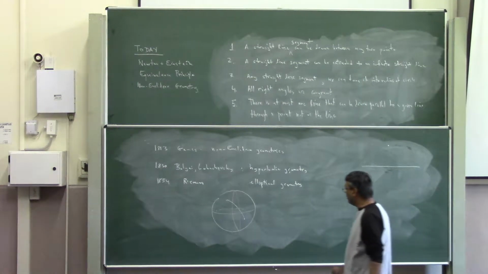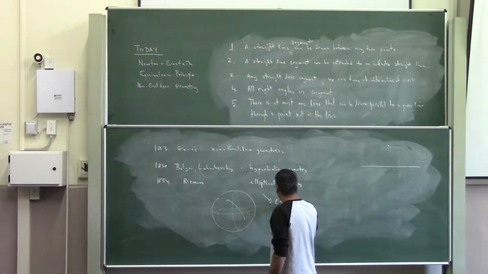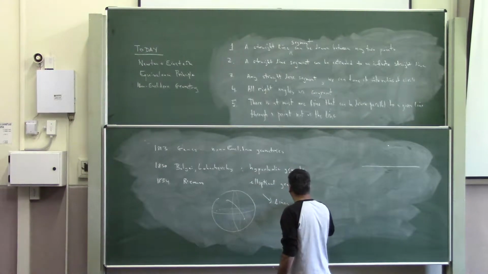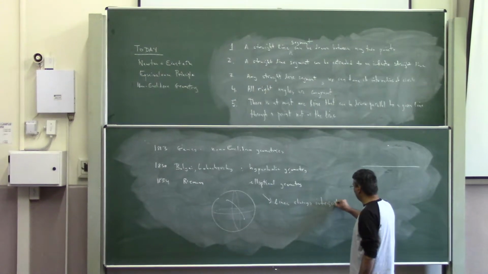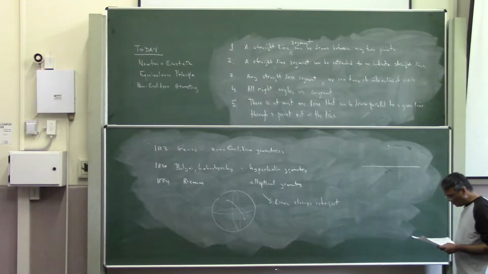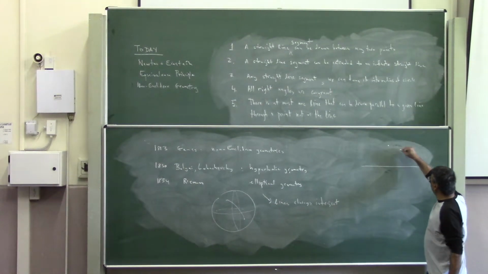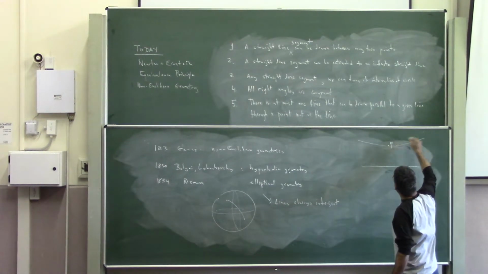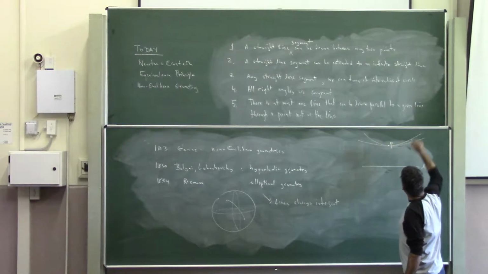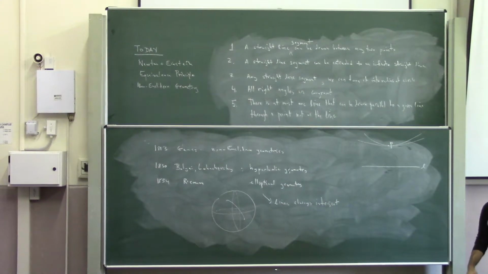So here, lines always intersect. In the hyperbolic case, the point P, line L, there's lots of lines through this point that never intersect this given line.